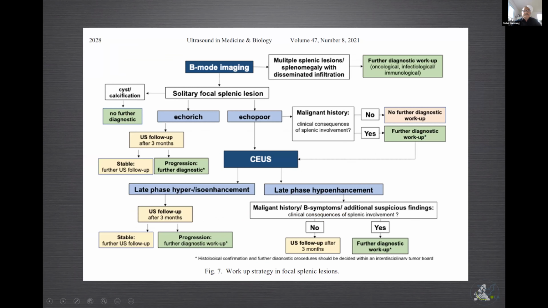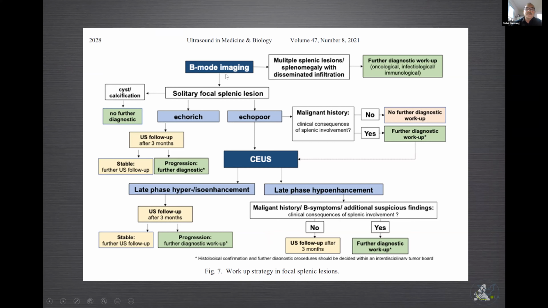And what is important in that paper, and that's why we recommend it, is that you can see what you have to do if you see a focal splenic lesion in B mode. That is a workup strategy they recommended for the focal splenic lesions.